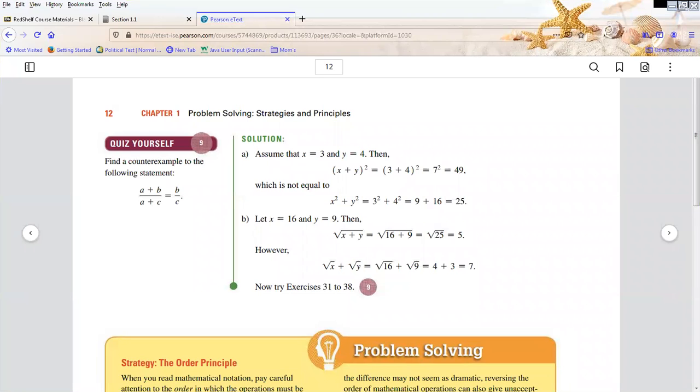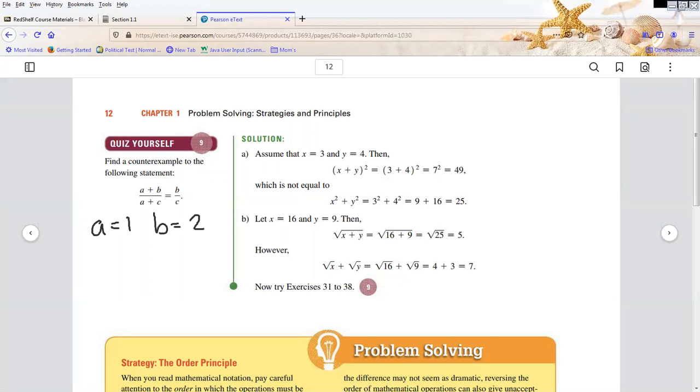In Quiz Yourself 9, we're asked to find a counterexample to the following statement. The quantity A plus B divided by the quantity A plus C equals the quantity B divided by C. Let's let A equal 1 and B equal 2, and just what they use.